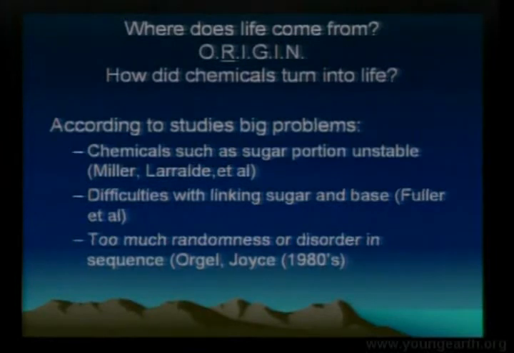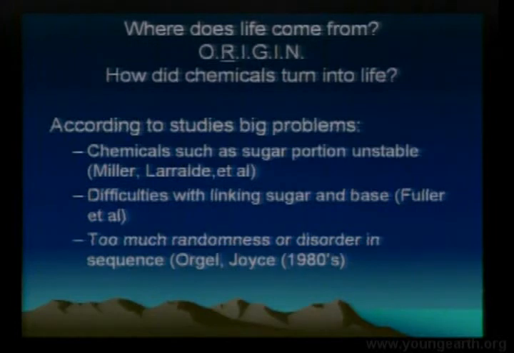First of all, chemicals such as the sugar portion would be unstable under the conditions of random chance spontaneous generation. In fact, that was already said many years ago by Miller and by Orgel and some others, that they don't see how the chemical components of DNA could be stable in the environment in which they were supposed to exist.